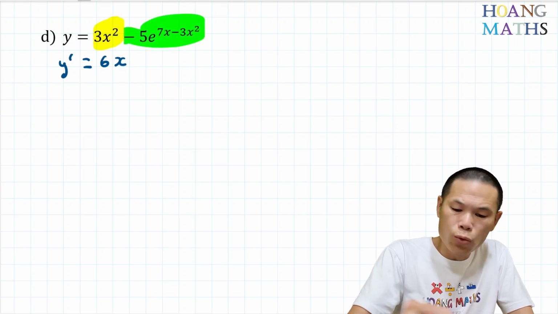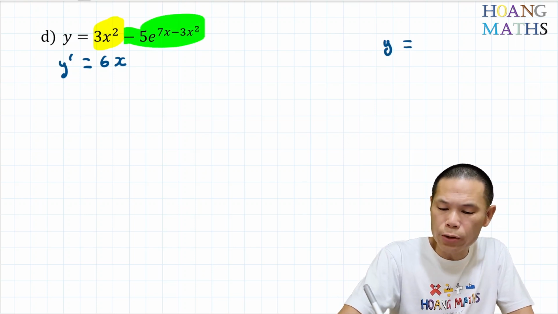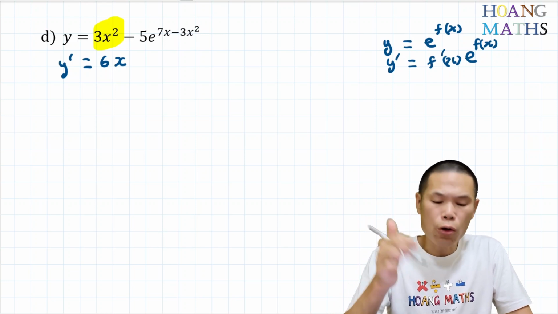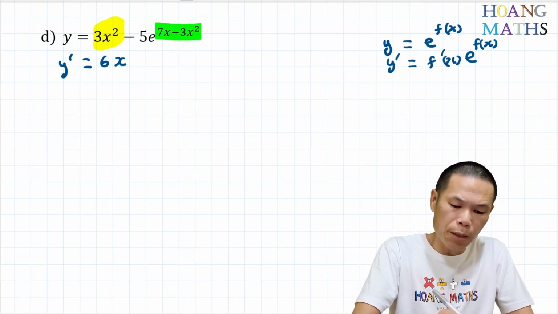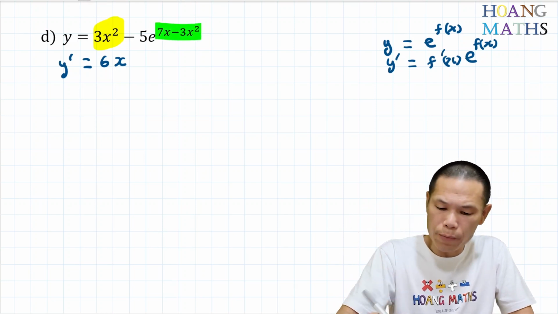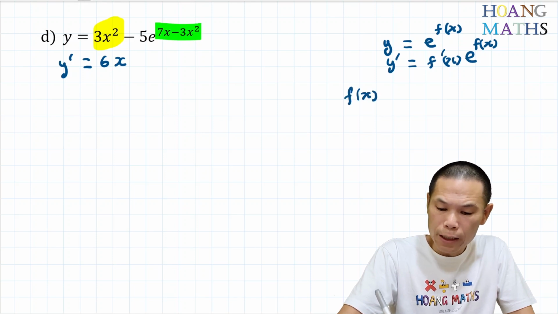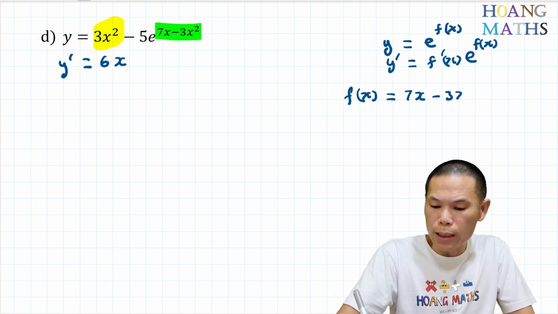So remember the rule, y is equal to e to the f(x), and then y dash will give me. Now we know that f(x) is this term here. So let me just write this down. So f(x) is equal to 7x minus 3x squared.